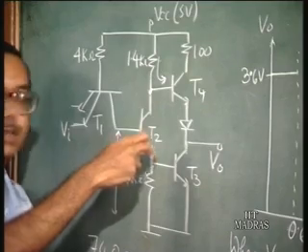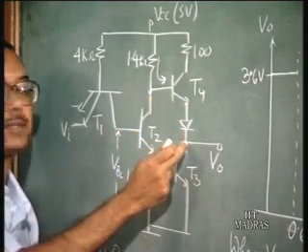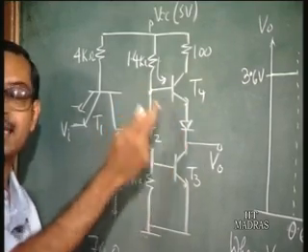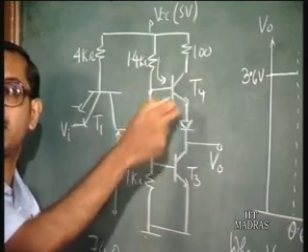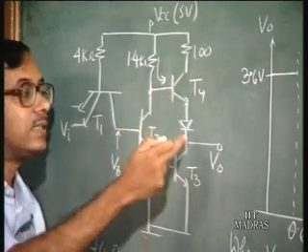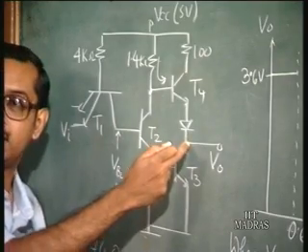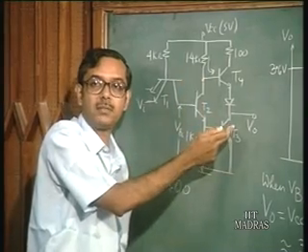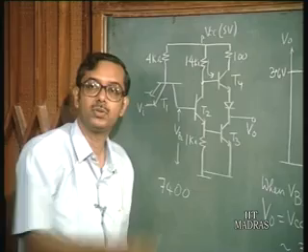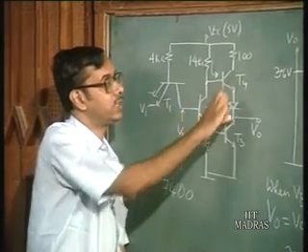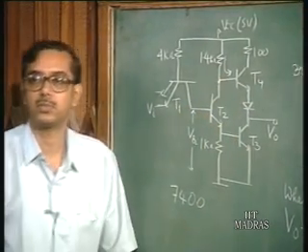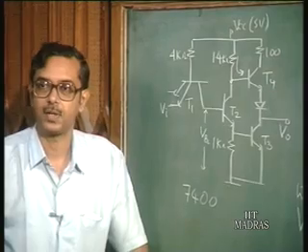And since this point here is basically the emitter follower point of this transistor, this is also going to follow. That is, the output voltage here is also going to have a gain of minus 1.4 with respect to VB2, because this 0.7 volt drop remains almost constant, it does not change.